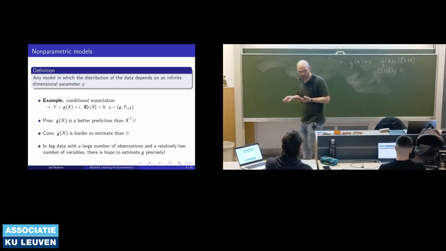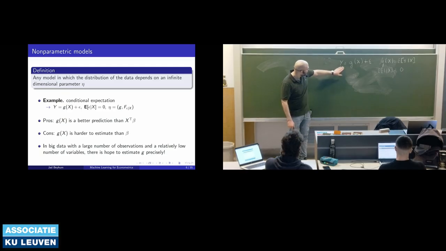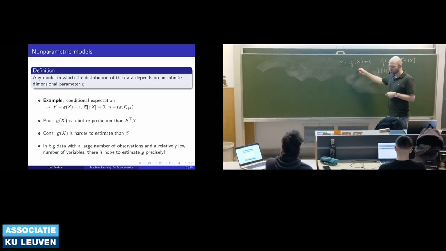This you can always do, right? You can always say my y is equal to its conditional expectation given x plus an epsilon, and this epsilon is just y minus the conditional expectation.